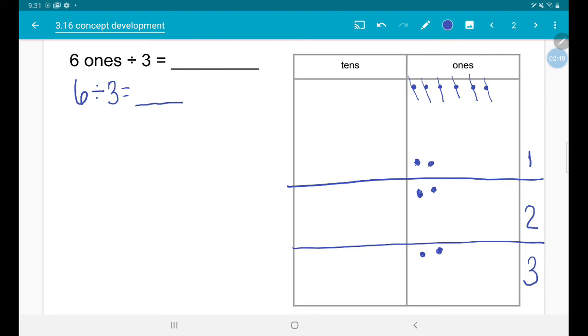So what's my quotient or the answer to 6 divided by 3, Jaden? 2. Very good. I have 6 things total. If I split them into 3 equal groups, then I have 2 in each group.